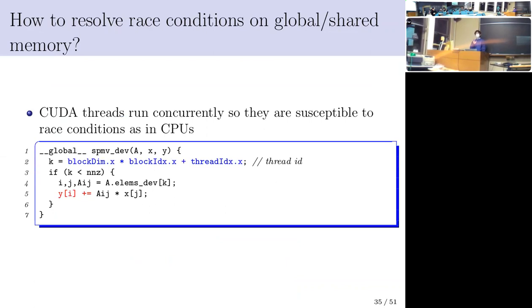Because data is shared, at least in global memory, the programming model is quite similar to what you have in OpenMP. In OpenMP, you have multiple threads, and basically you share all the data by default, unless you specify otherwise. So the same problem happens, which is a race condition.